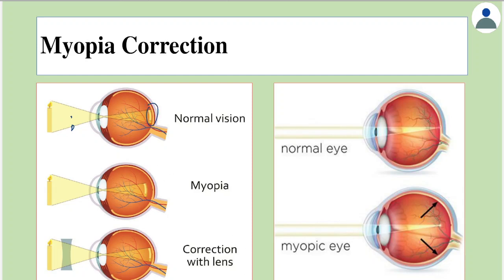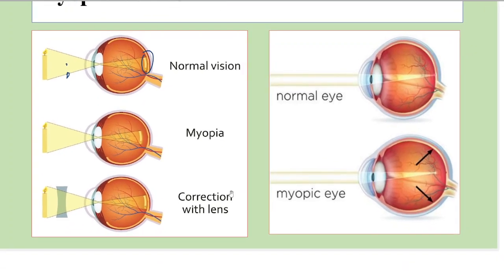So here it's a normal vision, or you can see it also in this diagram. It's falling on the retina, but due to some reason the eyeball enlarges, becomes bigger in size. Then light from this object falls in front of the retina, as given here.